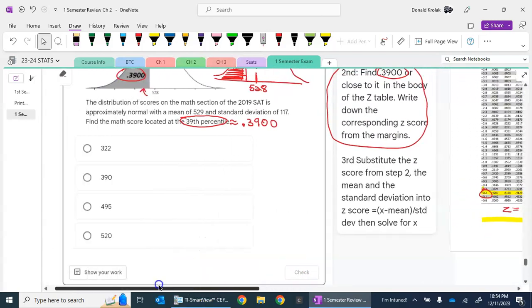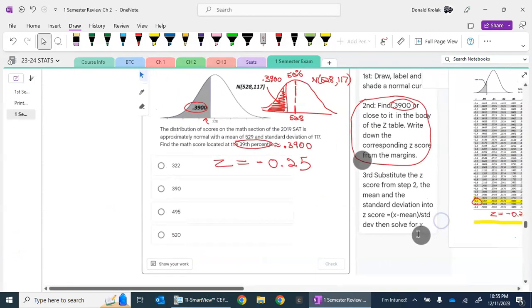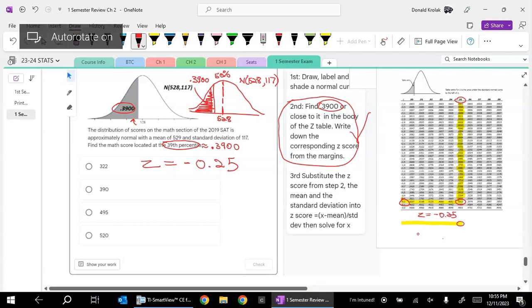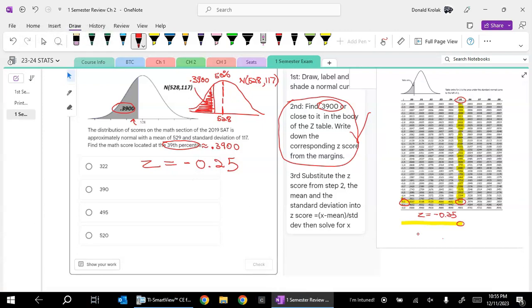Okay, so that takes care of our second step here. Now our third step is we're going to use the z-score formula to get this missing value here. All right, our z-score formula says this. The z-score is equal to the value that we're looking for, or in this case, the score, minus the mean divided by the standard deviation.